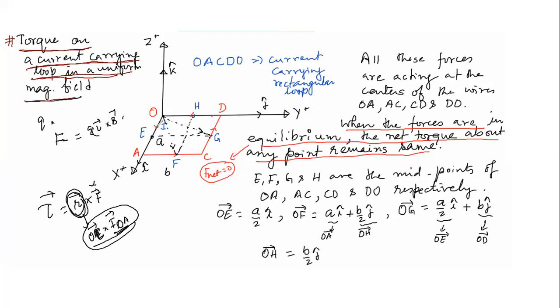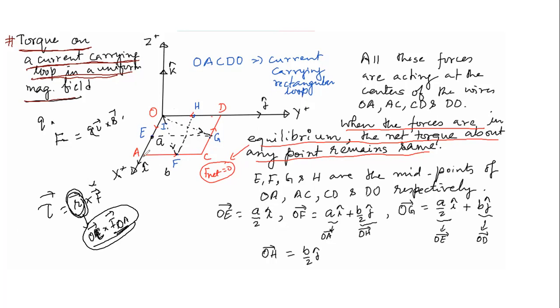Since E is the midpoint of side OA with side length a, OE will be a by 2, and the direction is along the positive x-axis, where you have the unit vector i cap. That's why a by 2 i.